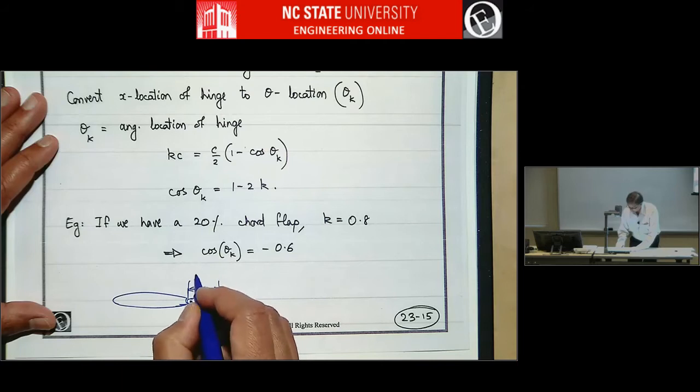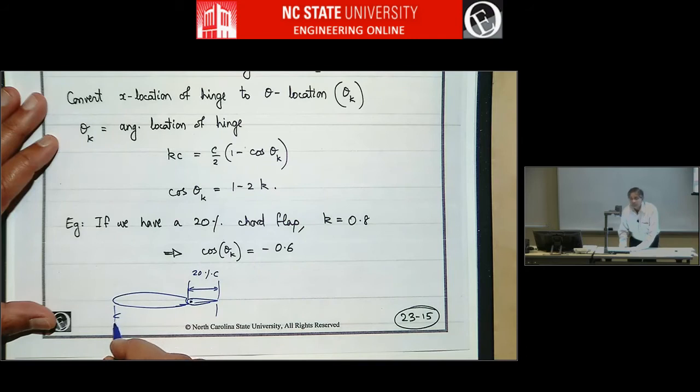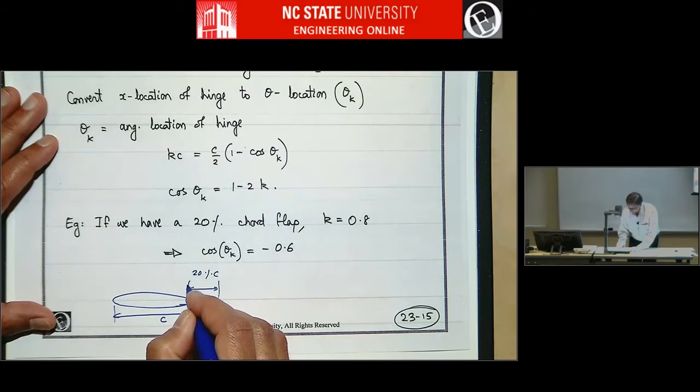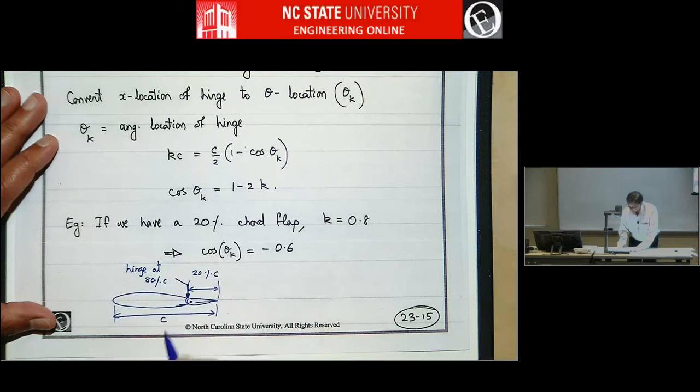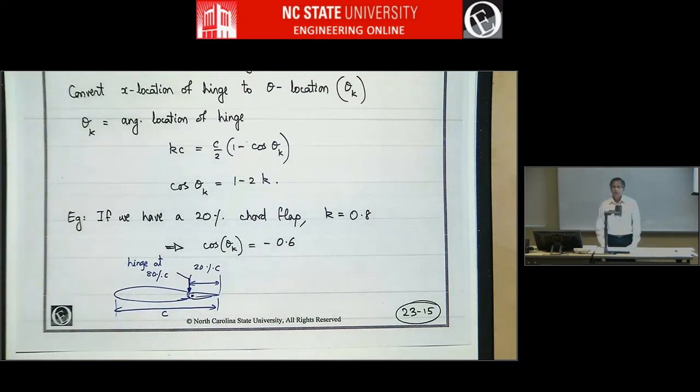So this is 20% of chord, and this is the whole chord. That means the hinge is at 80% chord, or 0.8 c. So the k is 0.8. So for this condition, cosine of theta k becomes minus 0.6, and you can get theta k. Right? So this is straightforward.